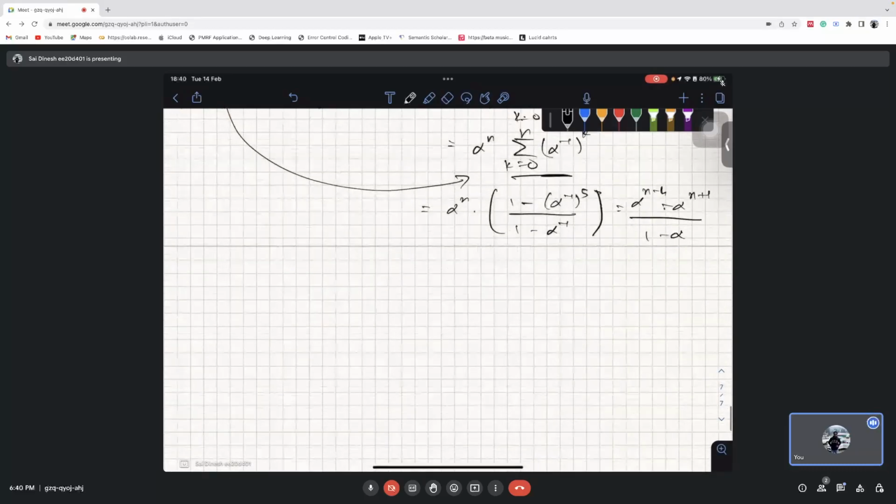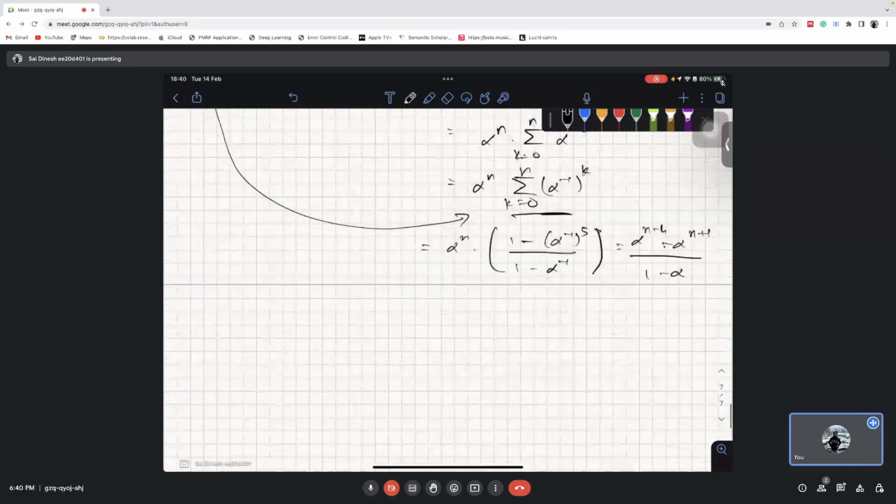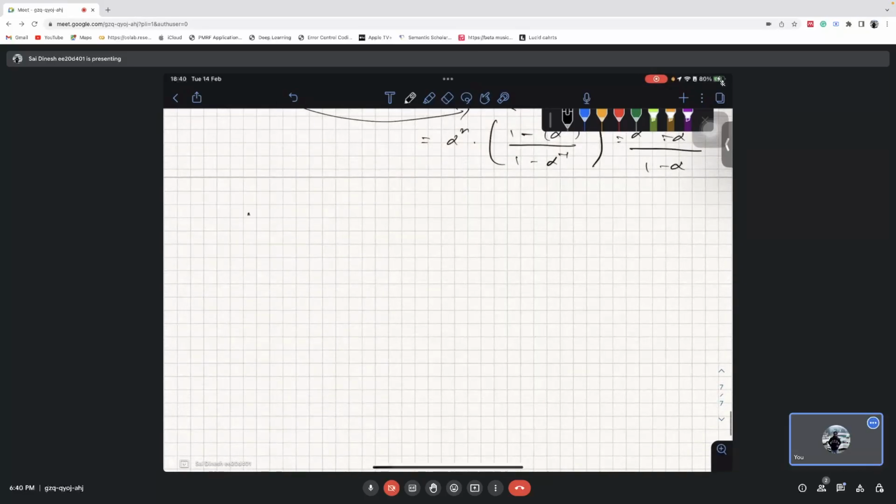So if we solve the GP progression, this is what we get, which is y of n is equal to alpha power n minus 4 minus alpha power n plus 1 by 1 minus alpha for 0 less than or equal to n less than or equal to 4, right?